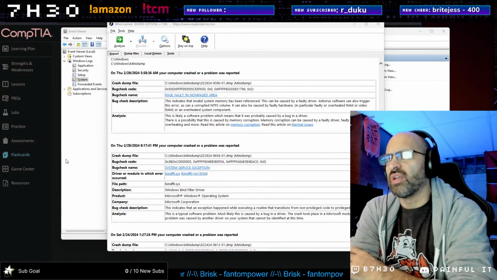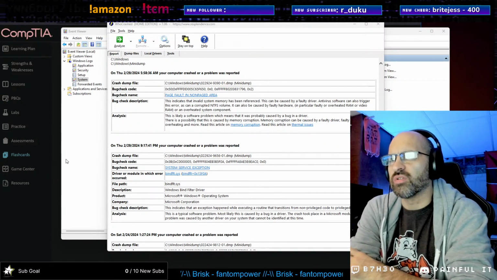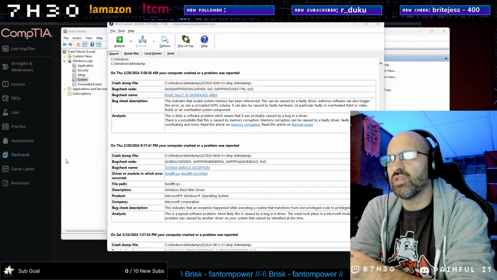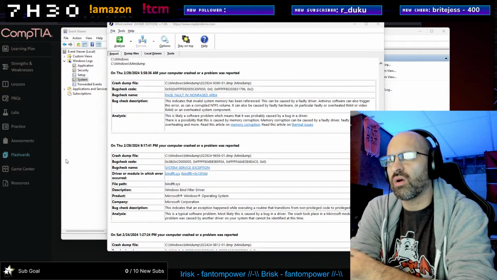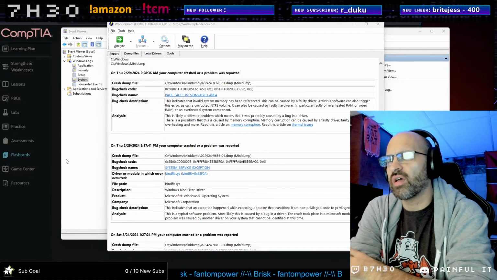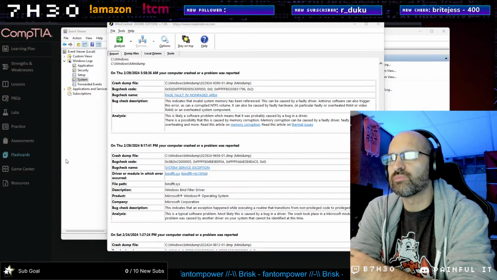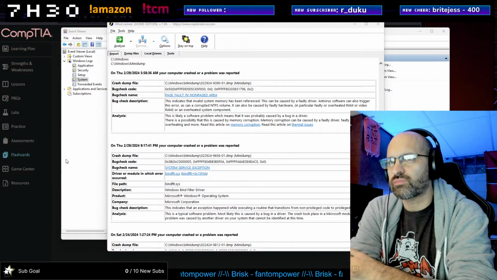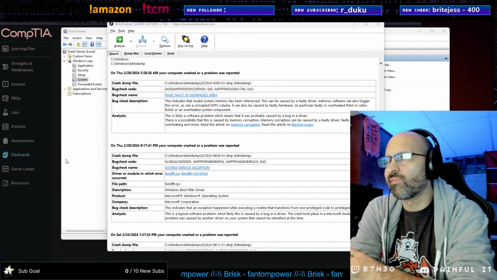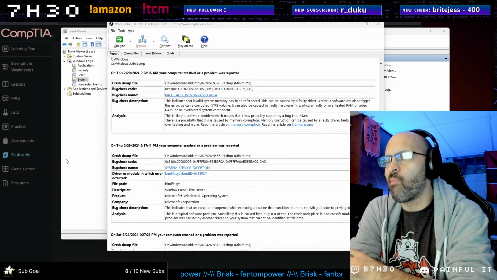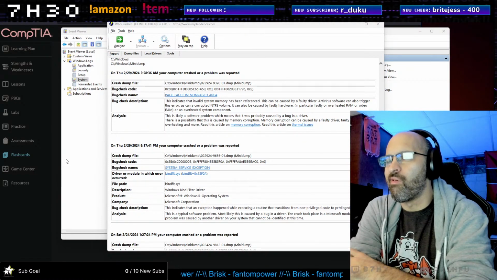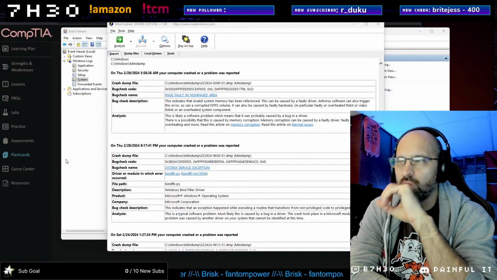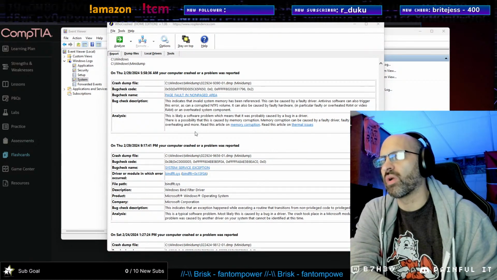This indicates an invalid system memory has been referenced. This can be caused by a faulty driver. Antivirus software also can trigger this error, as can a corrupted NTFS volume. Oh wait, that was from yesterday morning.